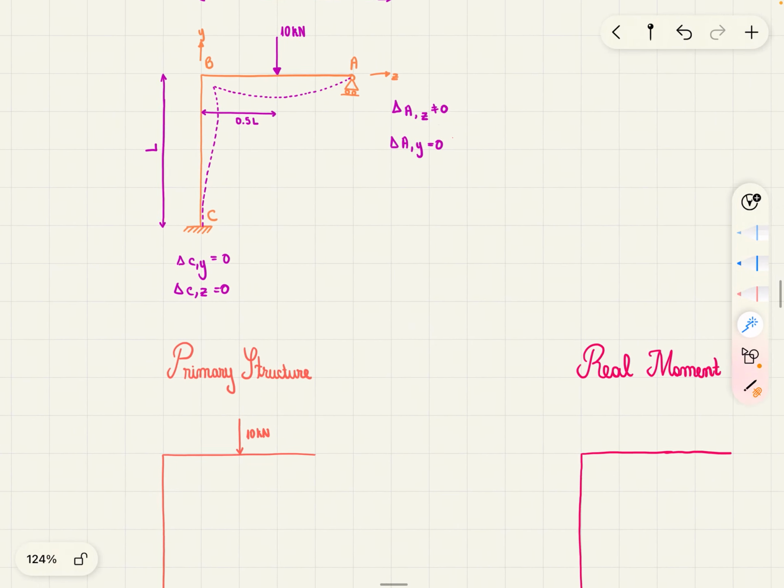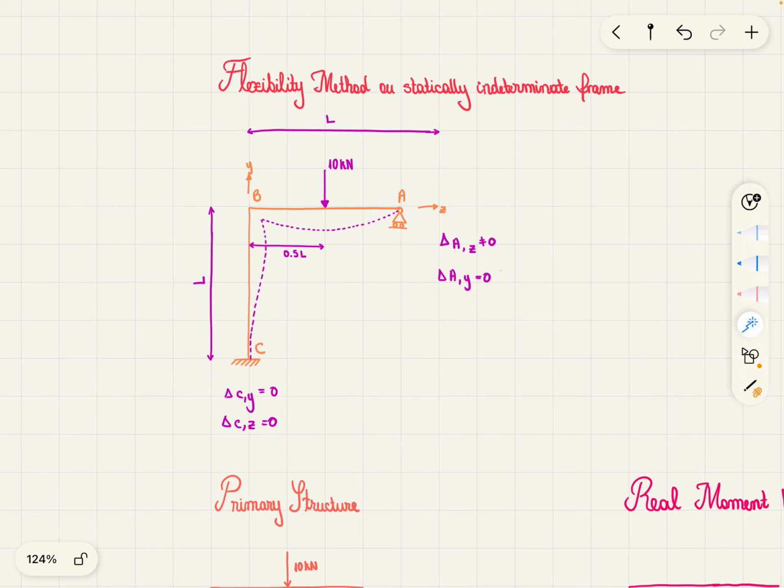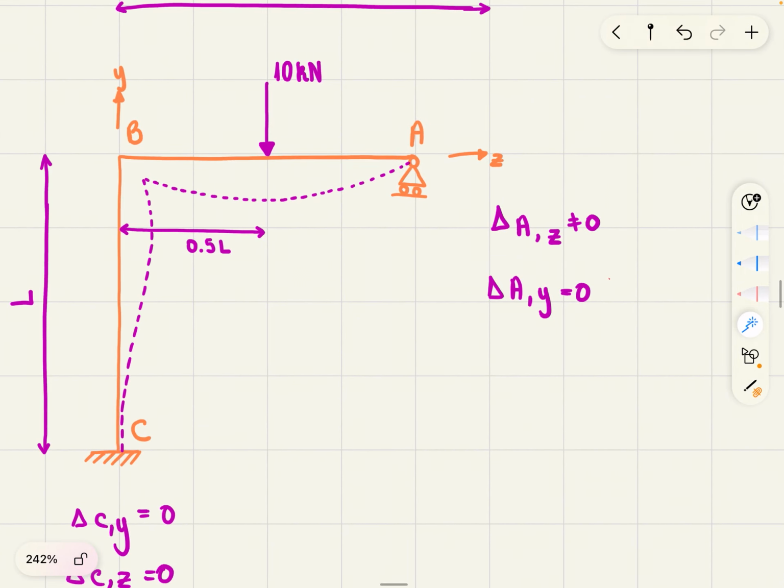Okay, so first we said we're drawing a primary structure. But to draw the primary structure, we're going to have to remove this reaction here. Then we're going to see that the displacement at A is no longer 0.